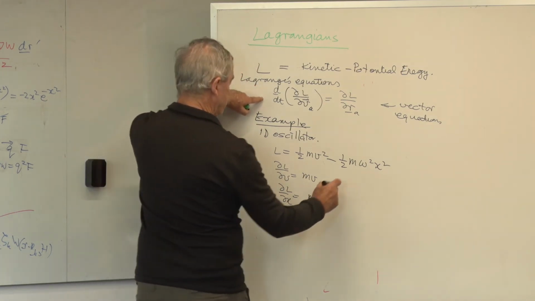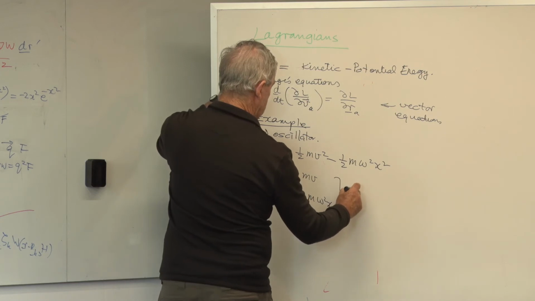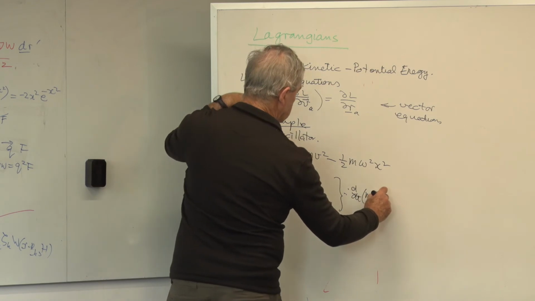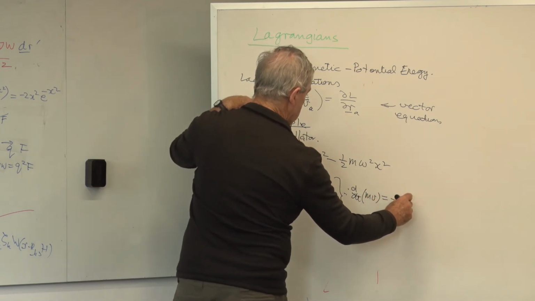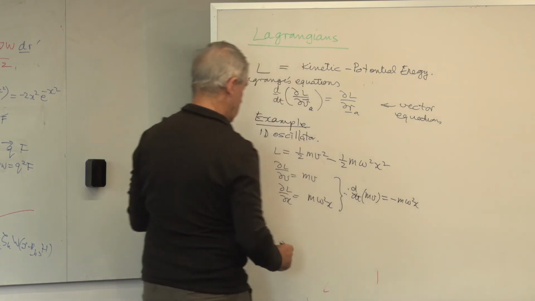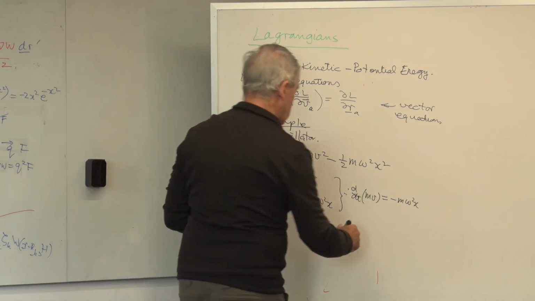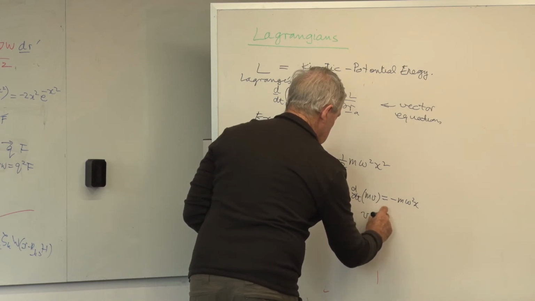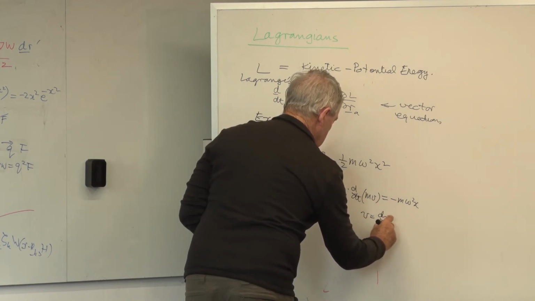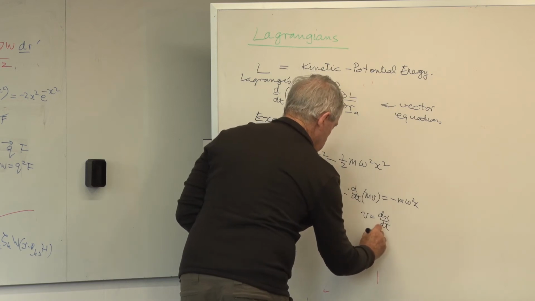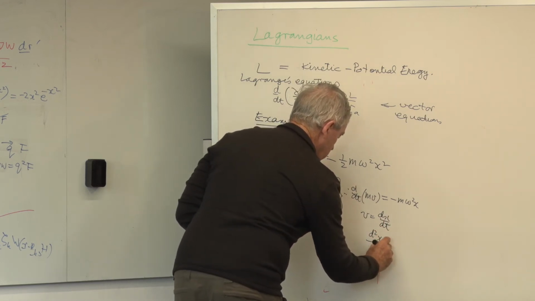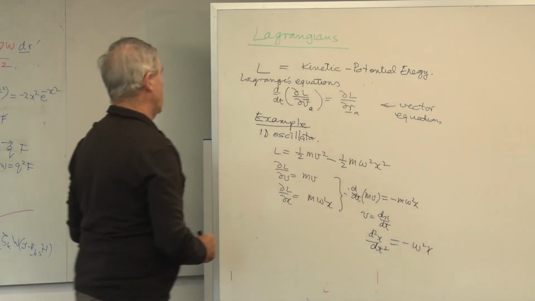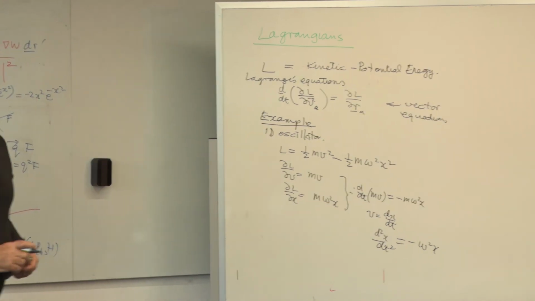So this equation becomes d/dt of (m v) is equal to minus m omega squared x. The m's can cancel, and v is equal to dx/dt, and you get d²x/dt² is equal to minus omega squared x. So that's an example of a Lagrangian.